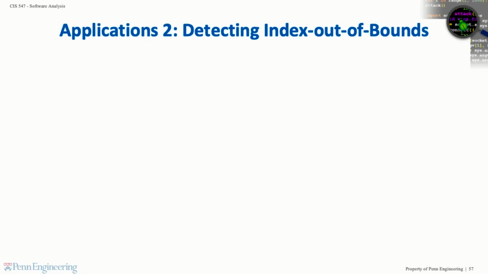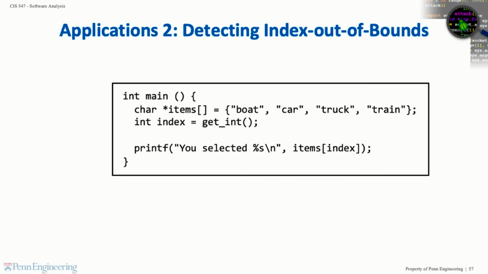Another common bug that is detectable by interval analysis is array index out of bounds. In C, nothing prevents one from accessing beyond the bounds of an array, so the programmer must check for it explicitly. If the programmer neglects to do so, then the program results in undefined behavior from accessing memory past the end of the array.